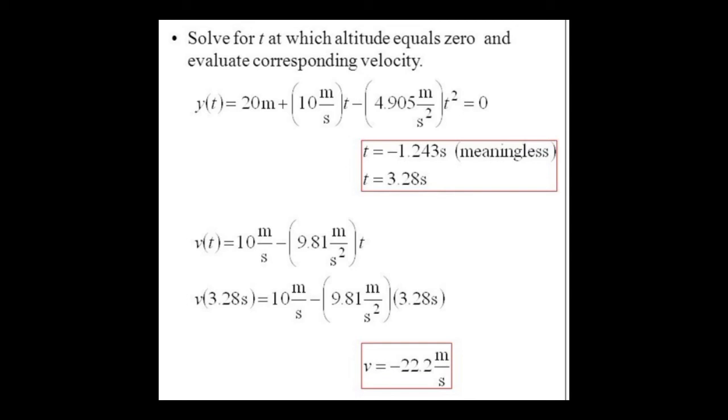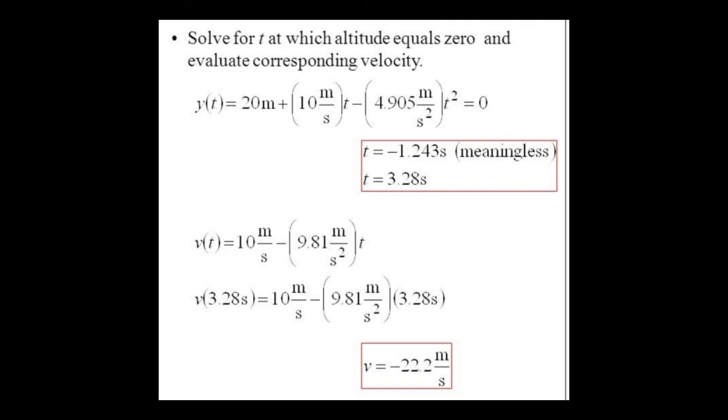So we have yt or y of t is equal to 20 meters plus 10 meter per second times time minus 4.905 meter per second squared times time squared or t squared is equal to 0. Calculate na lang. Then ang result is may dalawa tayong value ng t. The first one is negative. Since wala namang negative na time, we should consider the second one, which is 3.28 seconds.